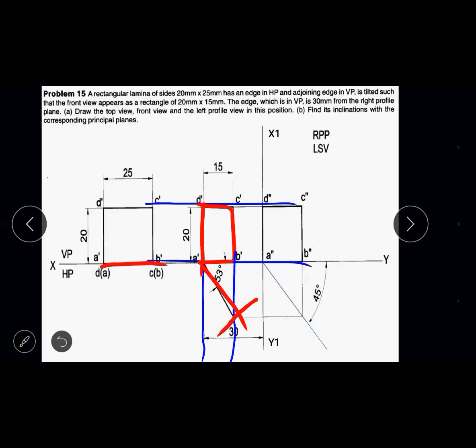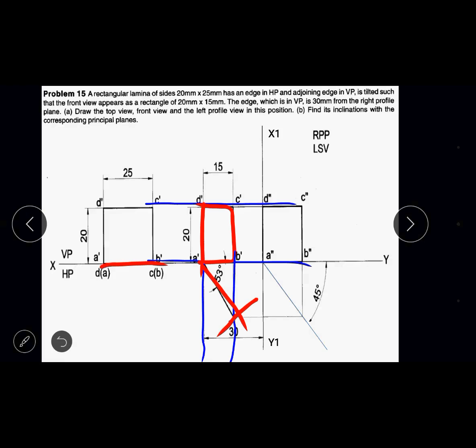Here in this problem, again, the 53 degrees is not highlighted in the problem. If you rotate the rectangular lamina of 20 into 25 to an angle of 53 degrees to VP, then you will get the front view exactly in the form of a rectangle of dimension 20 into 15.